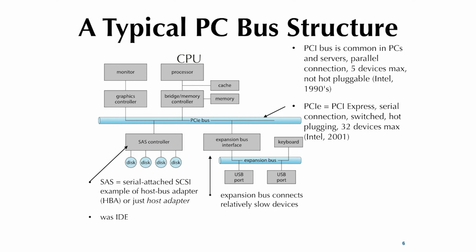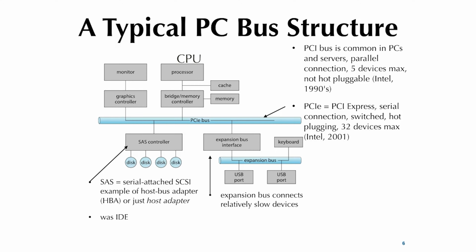It's also hot pluggable, supports up to 32 devices, and has been used since 2001 or so. Of course, there are newer versions, but this is pretty much the typical one. The older PCI bus could do probably 250 megabytes per second. With PCIe, you're talking about much larger, gigabytes per second and higher. That is the main bus.